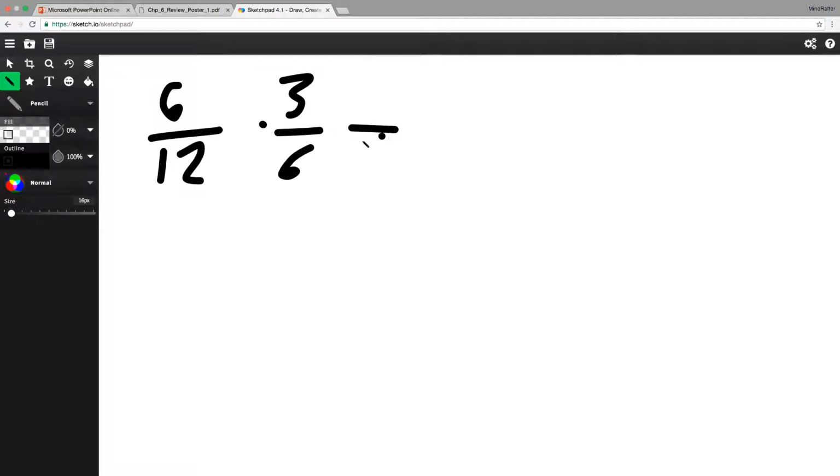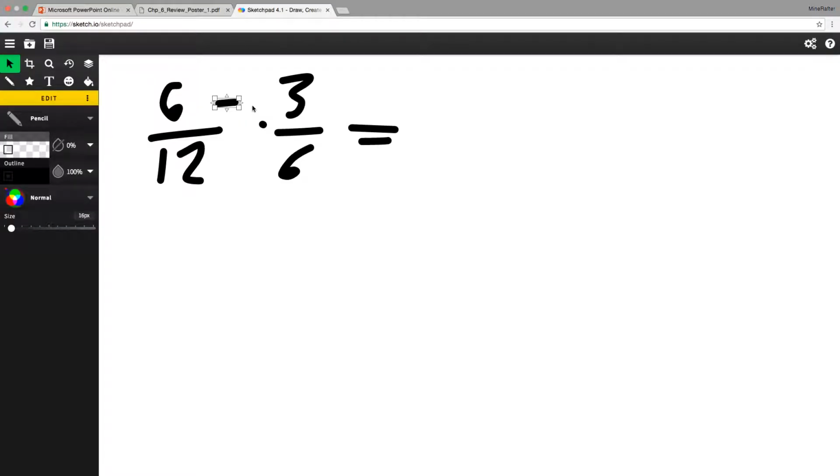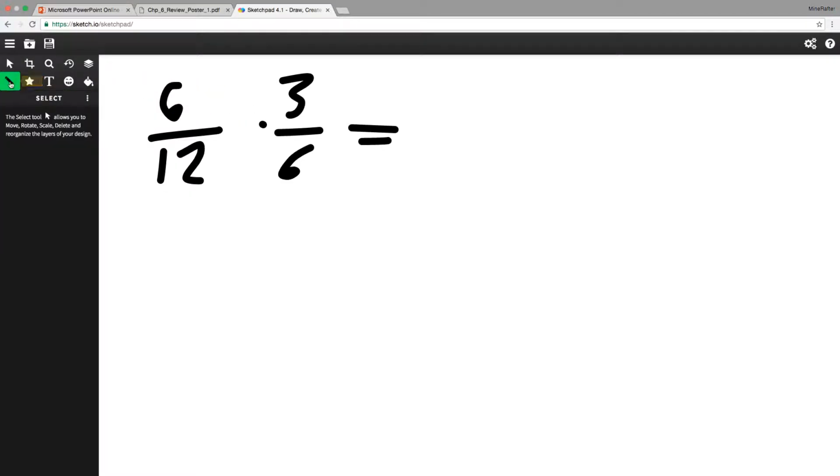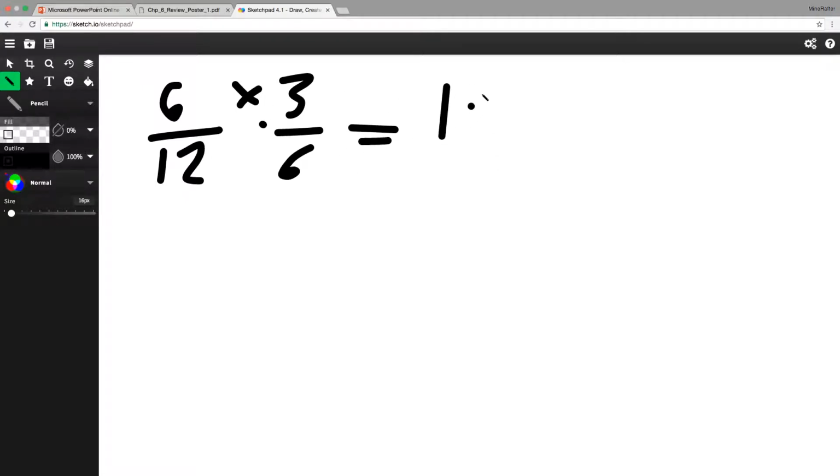Okay, so what you do is you just times the top first. You go 6 times 3, 18. And then you times the bottom too, 12 over 6.